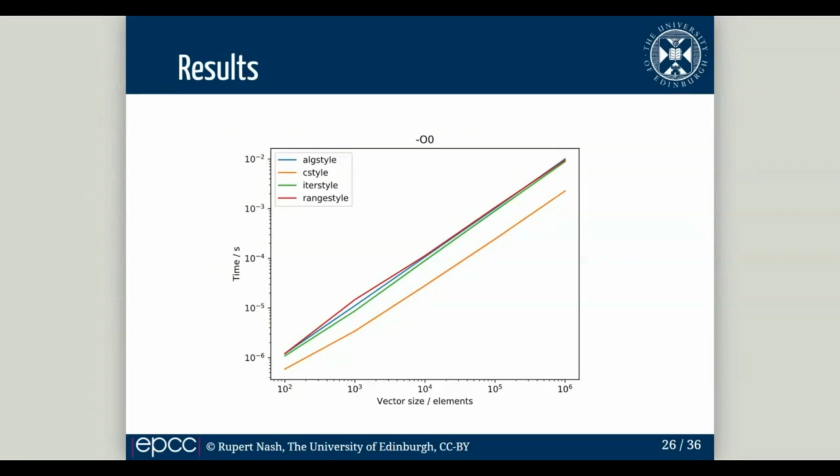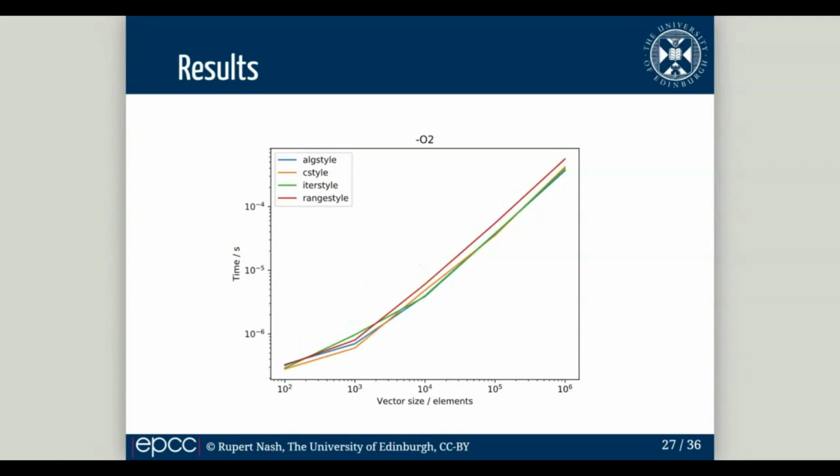So when you compile with the -O0 setting, there is an advantage to doing this explicitly in the older C style. But if you apply some compiler optimization, then everything sits close to each other, broadly speaking.